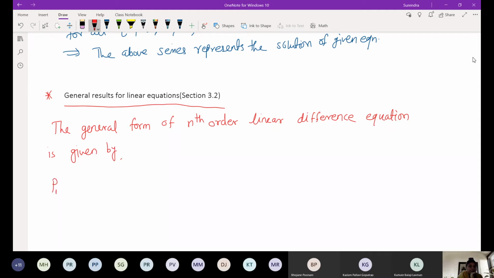Pn(t) y at t plus n plus Pn minus 1 of t y at t plus n minus 1 and so on, plus P0(t) y(t) is equal to R of t.